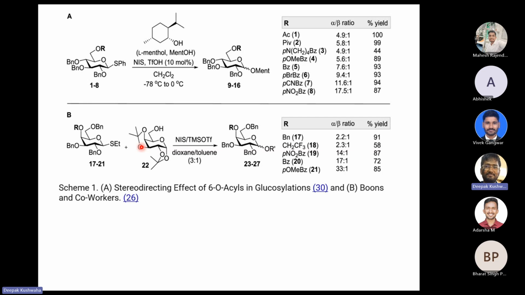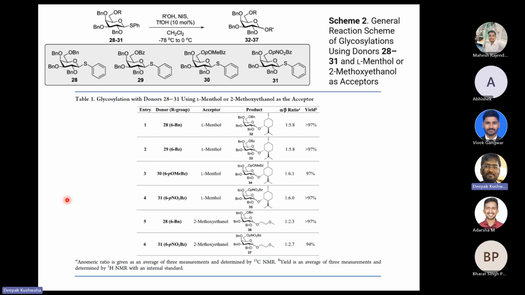I don't know exactly how chirality is affecting the selectivity, but to show the role of chirality, they have used 2-methoxyethanol in place of L-menthol. In that case also they are getting slightly less selectivity, right? They are comparing these two.